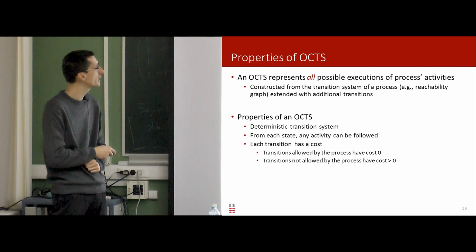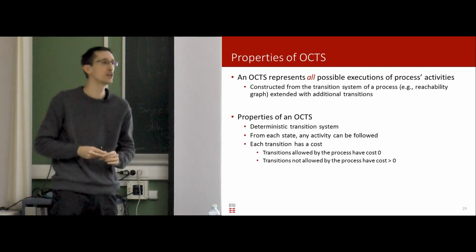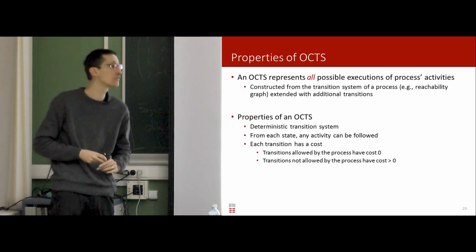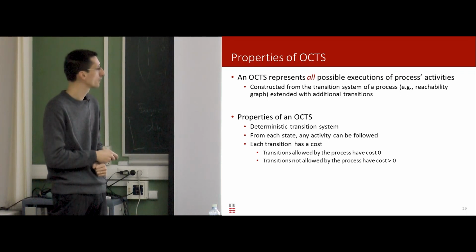And from each state we want to have one outgoing transition labeled with the whole alphabet of the starting model. And then we attach to each transition a certain cost.